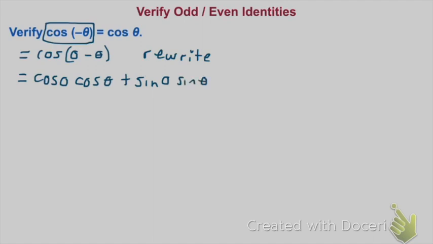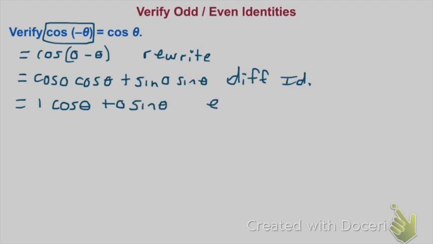And we just use a difference identity. Then we can evaluate what we can, and the cosine of 0 is 1, leaving 1 cosine theta. The sine of 0 is 0, and we get 0 sine theta, and we evaluated.